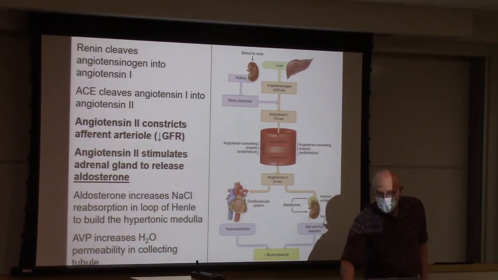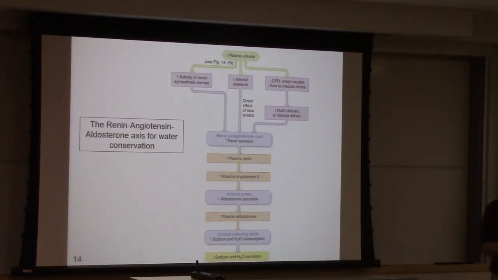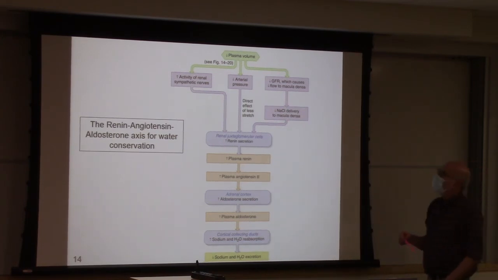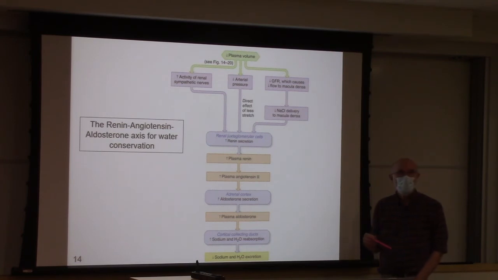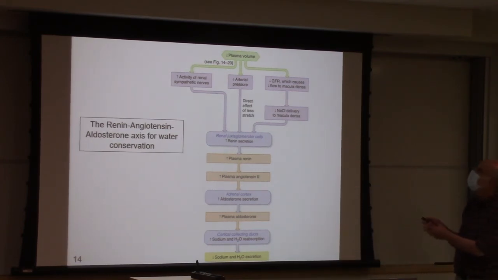Okay, let's continue talking about control. So the remaining few slides are flow charts that I think are helpful in review. So let's take this story. Blood volume. How could you have low blood volume? Under what physiological or pathophysiological scenarios can you imagine low blood volume?